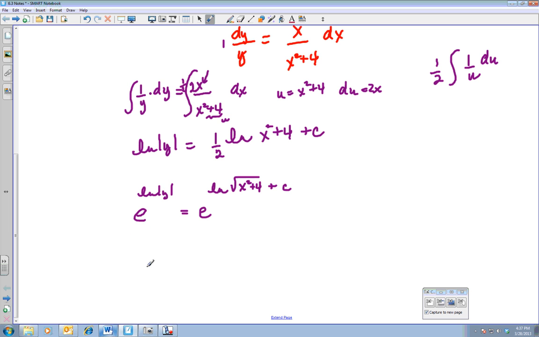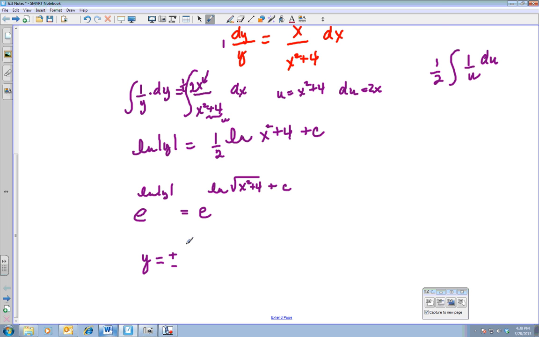Now that we e both sides, e to the natural log of something is that something. So I have y equals, and since it's absolute value of y, it can equal plus or minus e to the natural log of something.